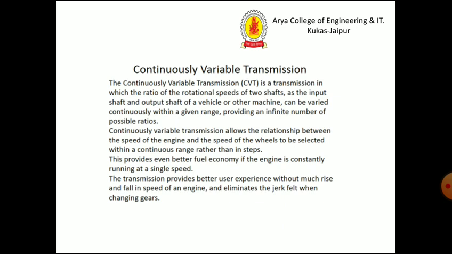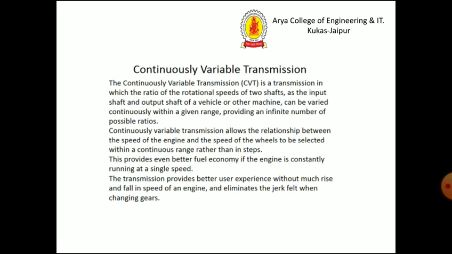Continuously variable transmission, CVT, is a transmission in which the ratio of the rotation speed of the two shafts, the input shaft and output shaft of the vehicle or other machines, can be varied continuously within a given range, providing an infinite number of possible ratios.